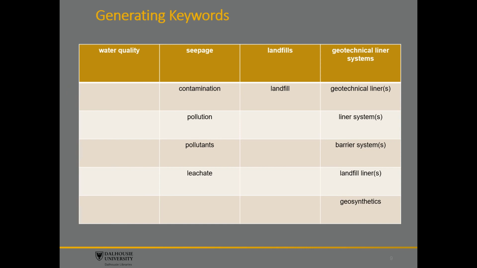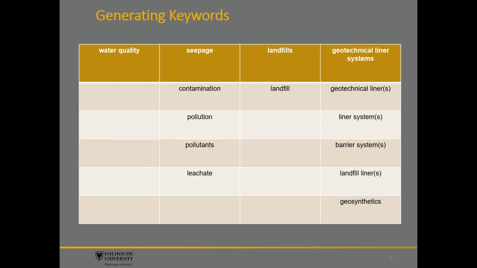For geotechnical liner systems, there are a number of options I could also search. For example, geotechnical liners, both singular and plural, liner systems, barrier systems, landfill liners, all both singular and plural, as well as geosynthetics. So now you have a number of keywords to search and you've given yourself a number of good options.